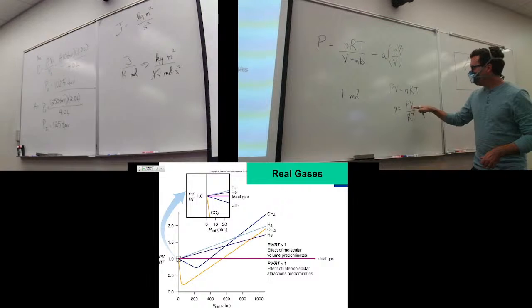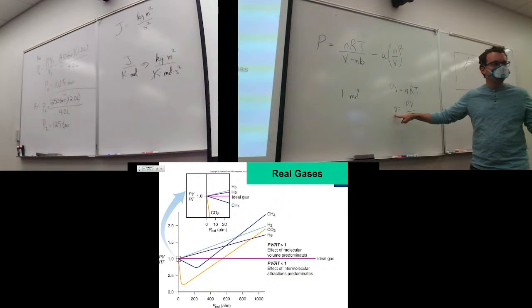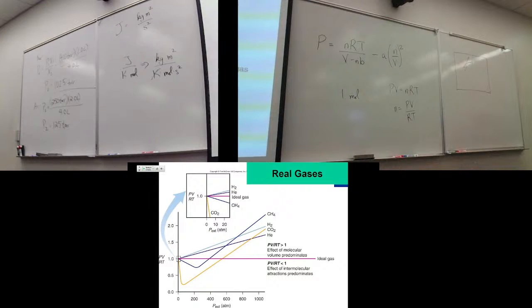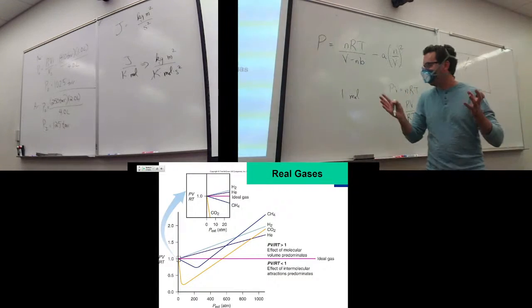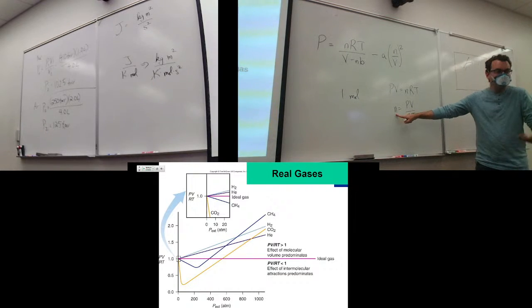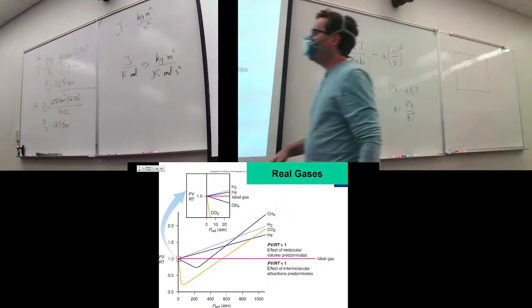Well, if it's an ideal gas, whatever the pressure, whatever the volume, whatever the temperature is, I should get 1 mole every time. And that's what this pink line says. No matter what the pressure is, even if it's super high, if it's truly an ideal gas, and nothing is really an ideal gas, but if it really is, you should get 1 every time. But if it's not an ideal gas, and that's every case for real, you won't get 1.